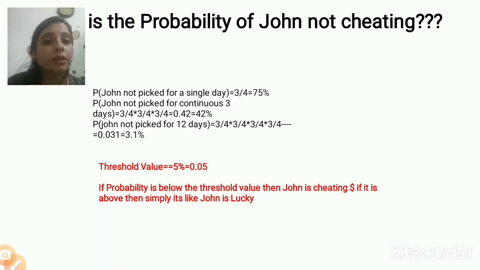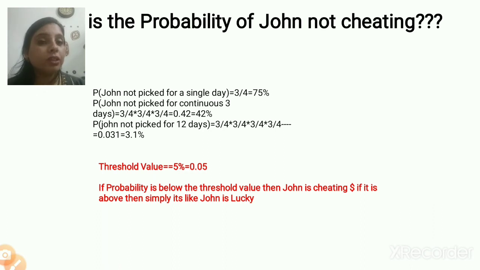So what we assumed in the first part, while starting the hypothesis testing, was that John is not cheating, but what we are getting is that John is cheating. So which hypothesis will we be following? We'll discuss what exactly the two types of hypothesis are, and then I will explain what kind of hypothesis we are following.